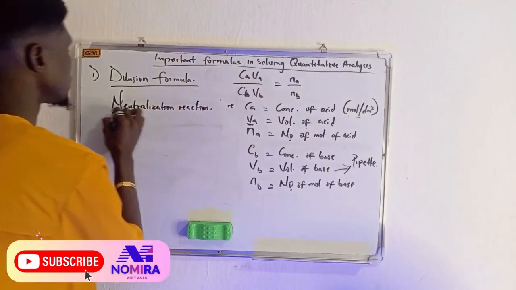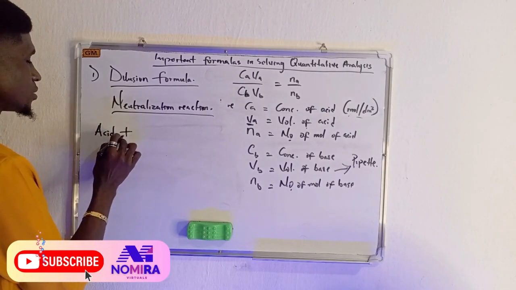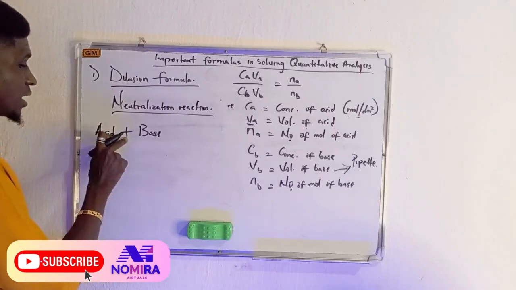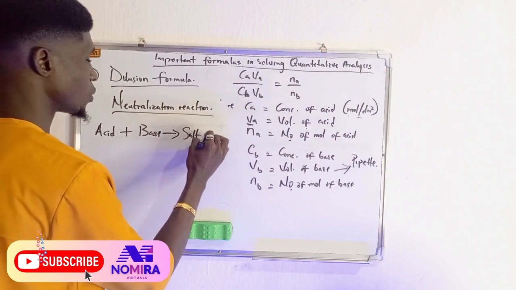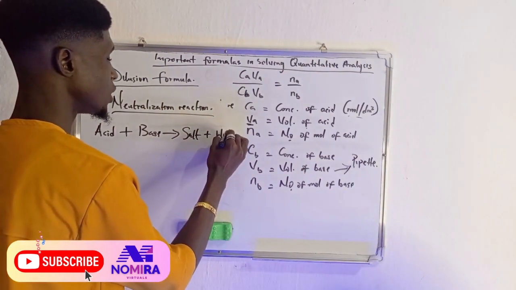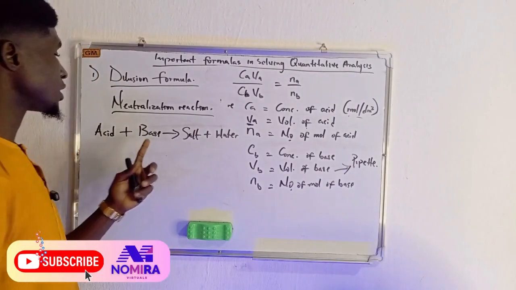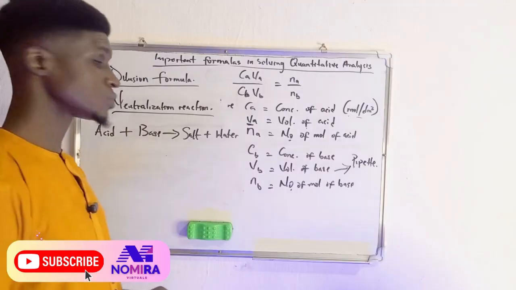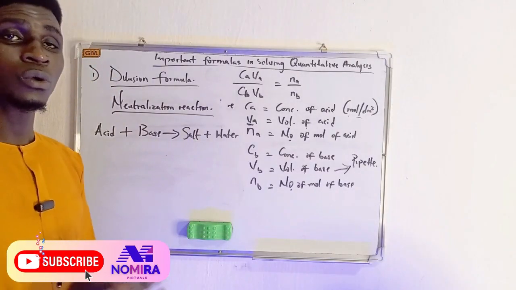Neutralization reaction is the reaction between acid and base to form salt and water only. That word only should appear there because in neutralization reaction, only salt and water is produced. Any other thing that is produced alongside salt and water means that that is not a neutralization reaction.